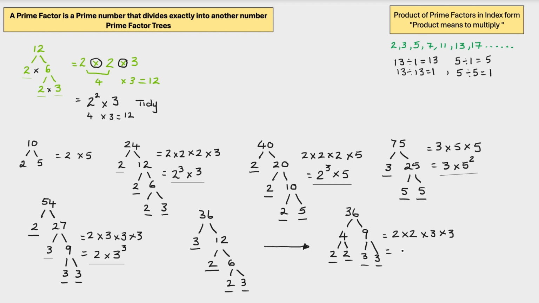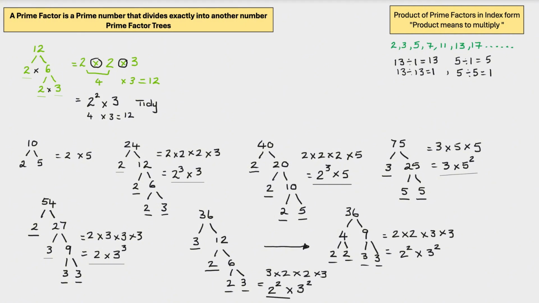And then we're going to tidy it up: 2 to the power of 2 times 3 to the power of 2. And the one I did differently equals 3 times 2 times 2 times 3. Simplify it, tidy it up, put it into index notation. There you go, exactly the same answers.